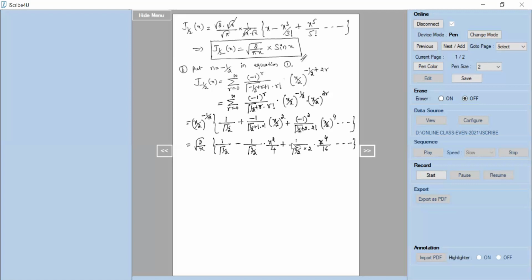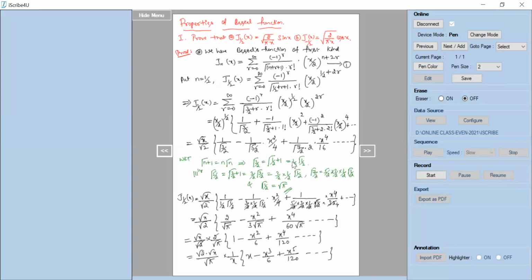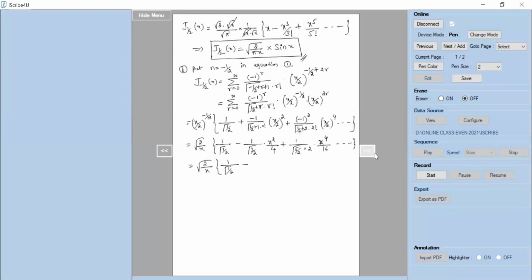So the terms are simplified like the last one. Now again, this is square root of 2 by x into 1 by gamma 1 by 2 minus, gamma 3 by 2 I have written in the previous one. Gamma 3 by 2 is 1 by 2 gamma 1 by 2. So using that fact, I can write this as 1 by 2 gamma 1 by 2 into x square by 4, plus 1 by gamma 5 by 2.